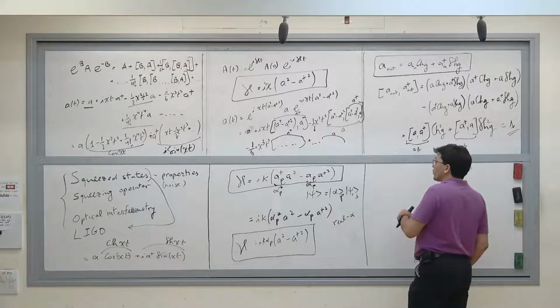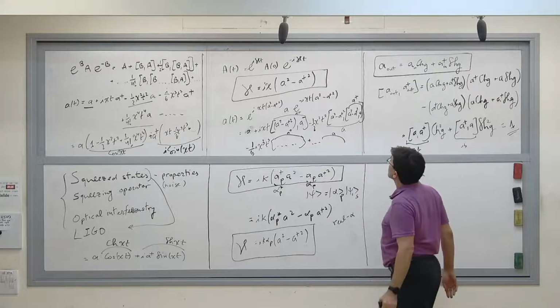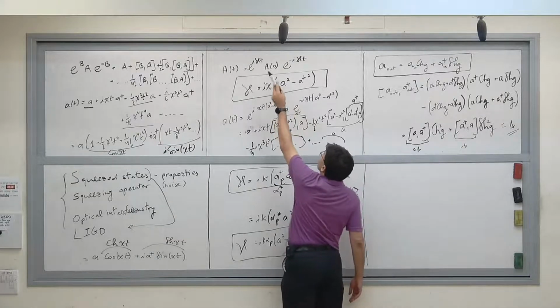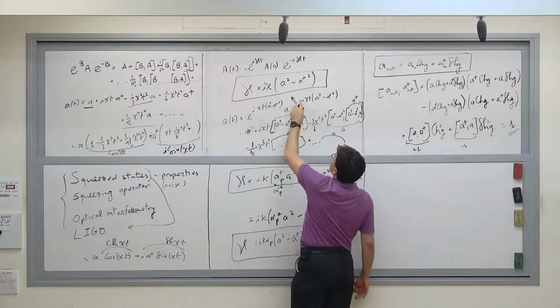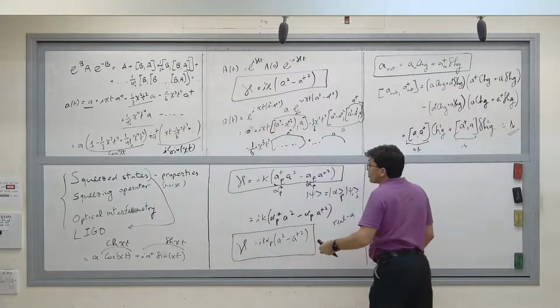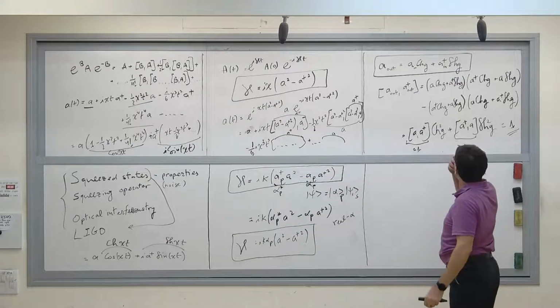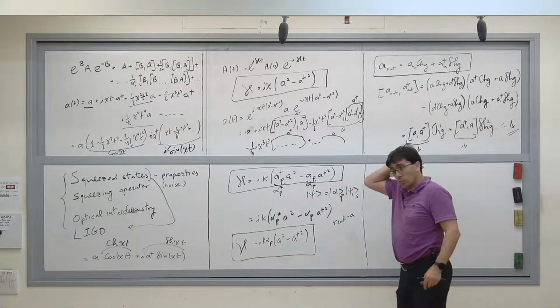Now from the Heisenberg picture we understand everything. We start from how an operator evolves, and we saw how, according to this Hamiltonian, the operator A will evolve into this A. So this part we're happy.